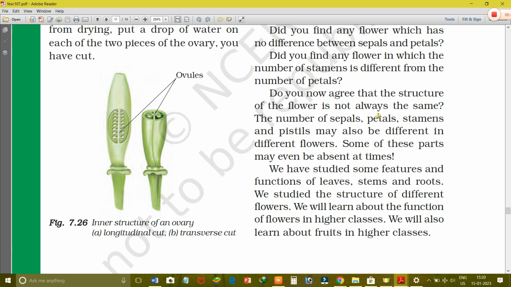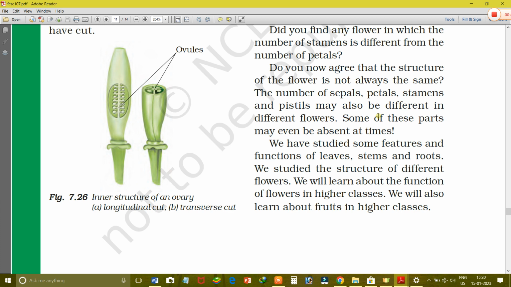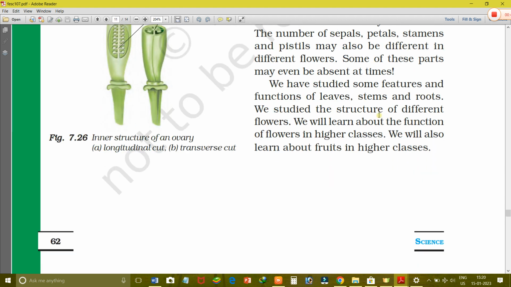Did you find any flower which has no difference between sepals and petals? Did you find any flower in which the number of stamens is different from the number of petals?